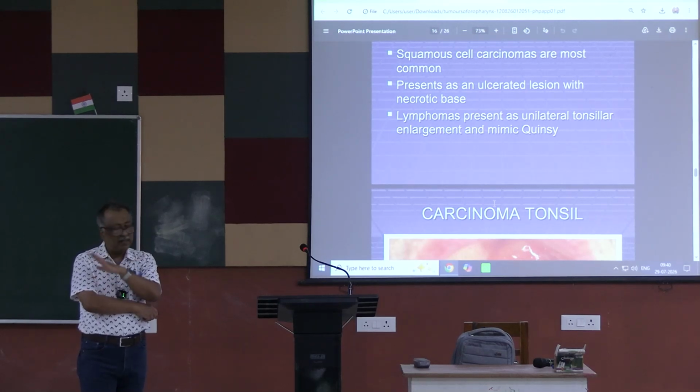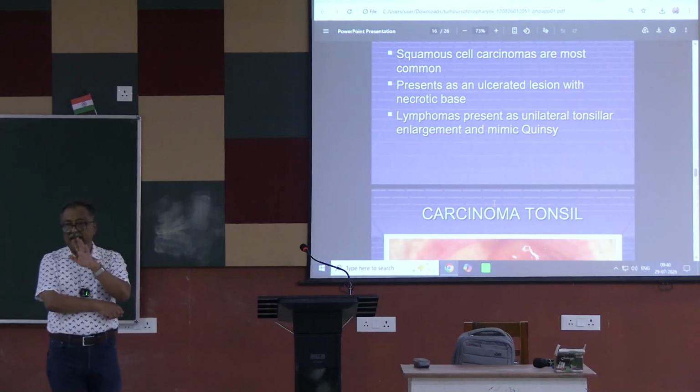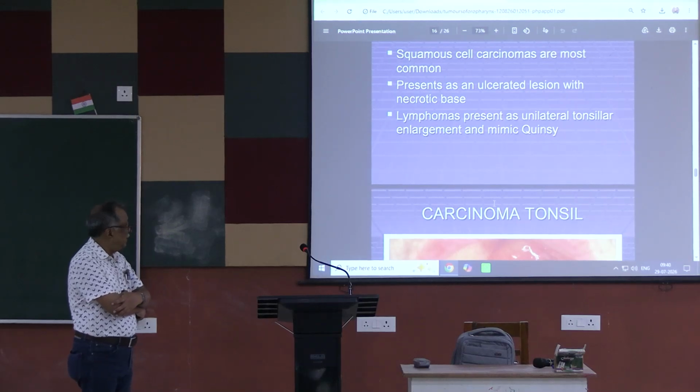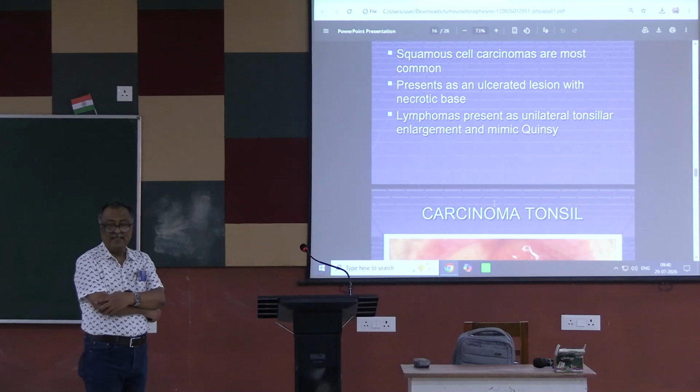So it may be a lymphoma, and lymphoma is not an ulcerative lesion. It is an enlarged lesion, and lymphoma sometimes mimics the quinsy.